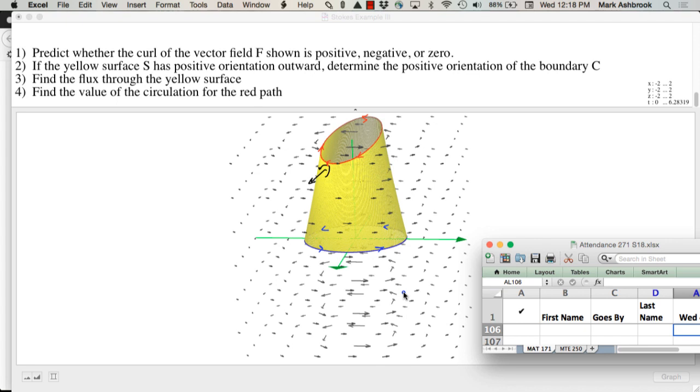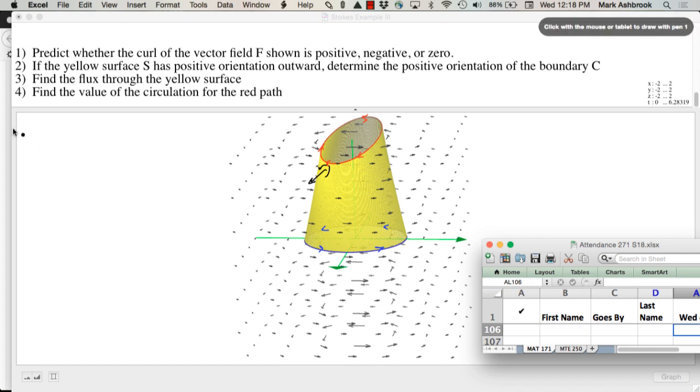So that's the orientation of C. C has two parts, and so each is oriented around this way and this way, okay? Find the flux through the yellow surface. So I have to give you F, right? No, we know what F is.